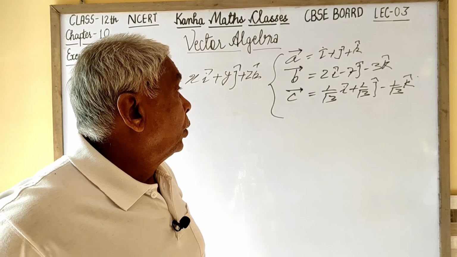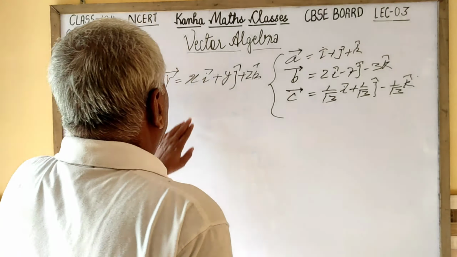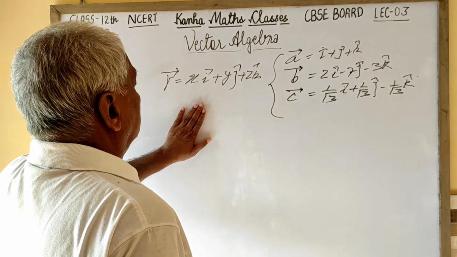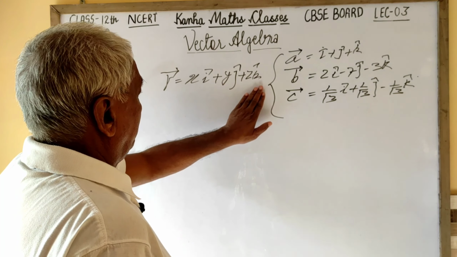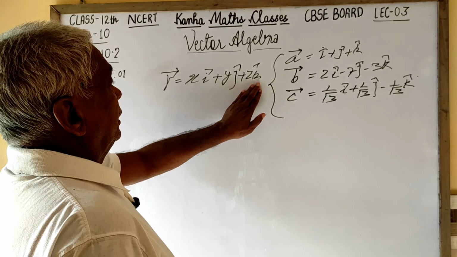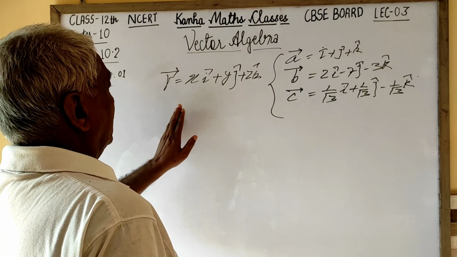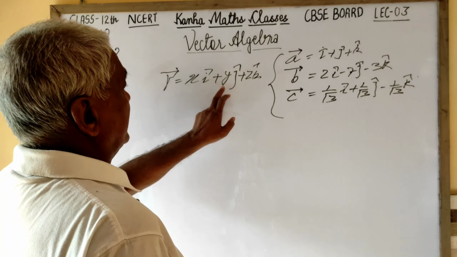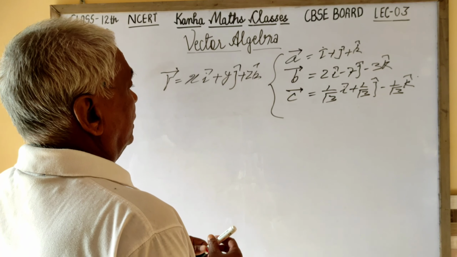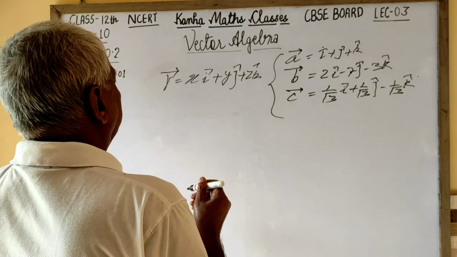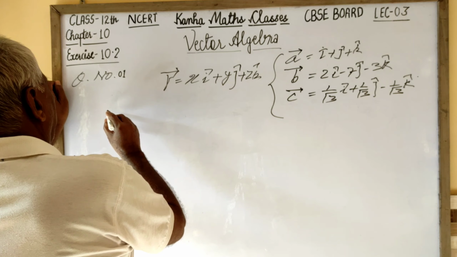You must know that the magnitude of the vector, in the formal equation of a vector, is under root x square plus y square plus z square.